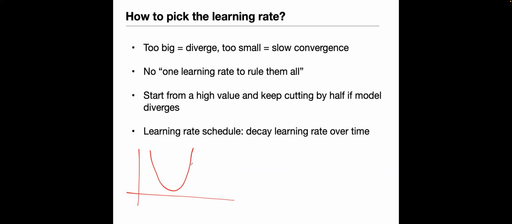If you pick too large a learning rate, because alpha is very large, you make a very large step. You maybe jump here, then in the next step, maybe I'm jumping here, and next step, I'm jumping right here.